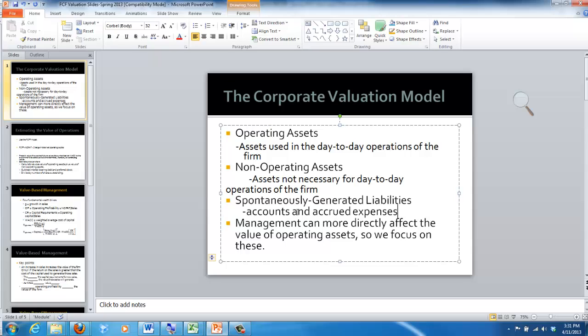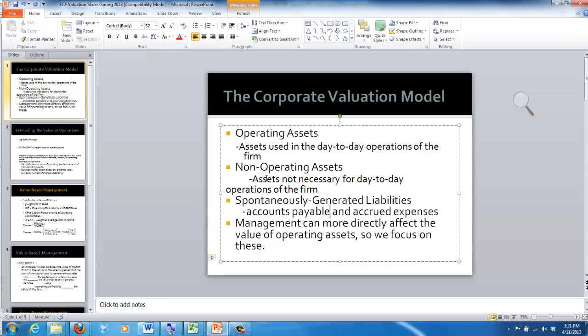And those employees will have accrued wages and accrued payroll taxes and things like that. Accounts payable will increase with sales if we're buying things on credit from our suppliers. So as those sales increase or decrease, the accounts payable and accrued expenses will move with them.